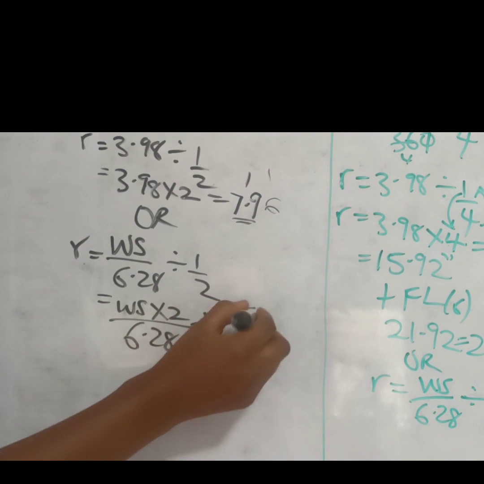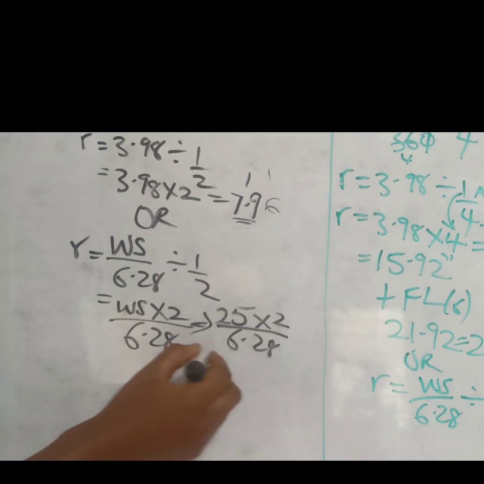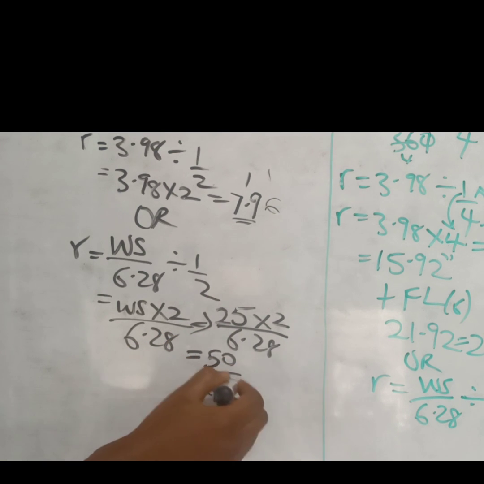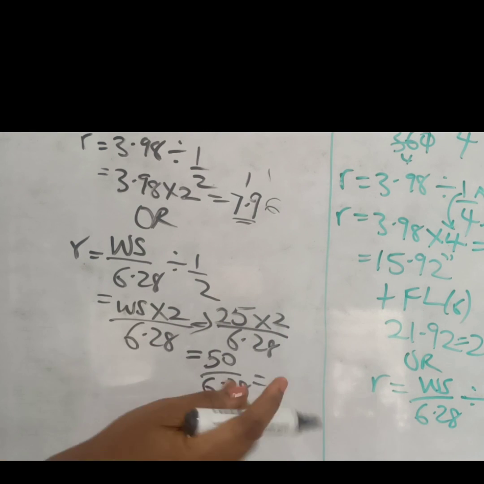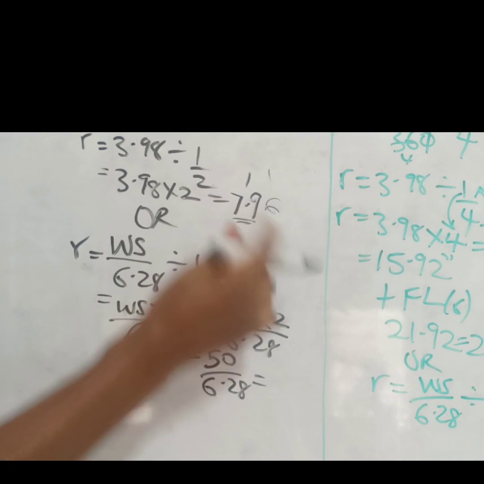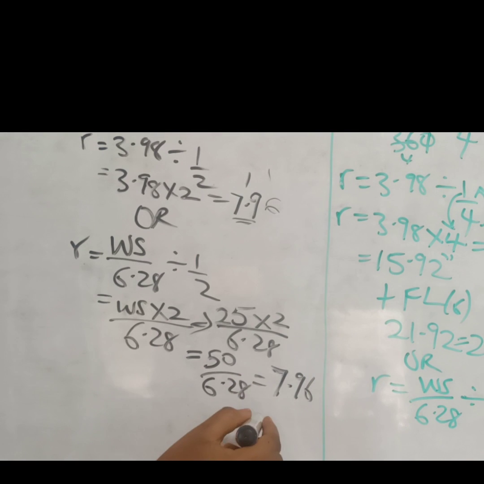So 25 times 2 is 50. So 50 divided by 6.28, we are going to have this same 7.96. And then to know what to fold, we'll add our flare length.